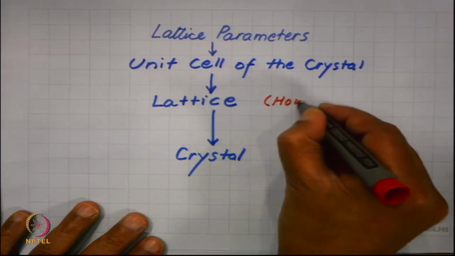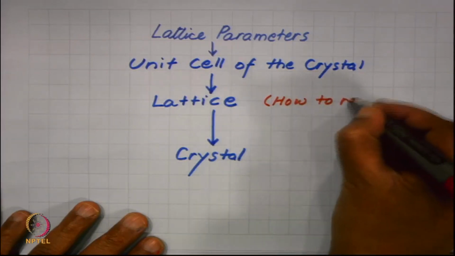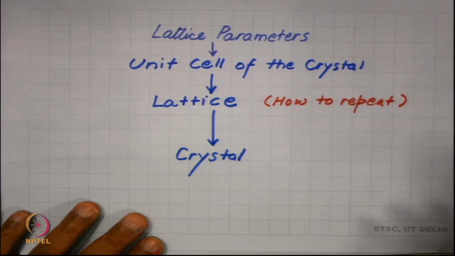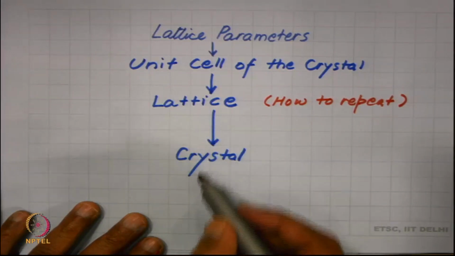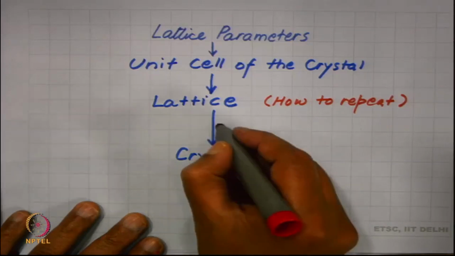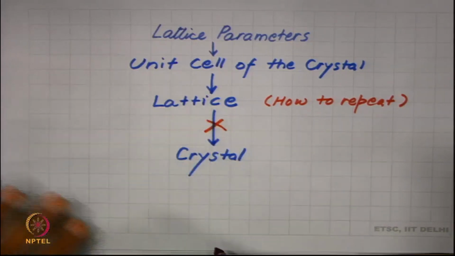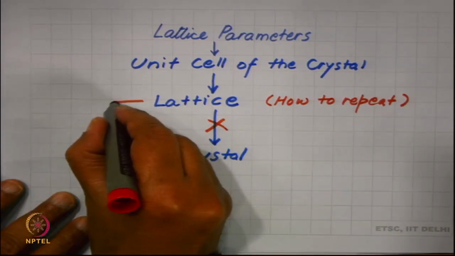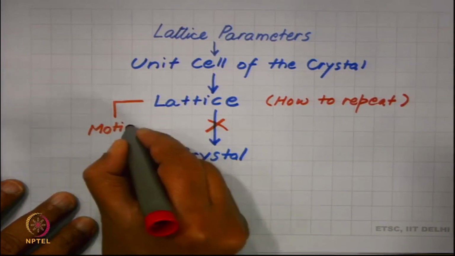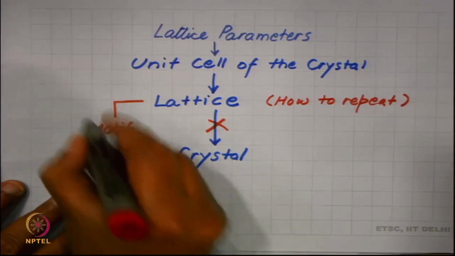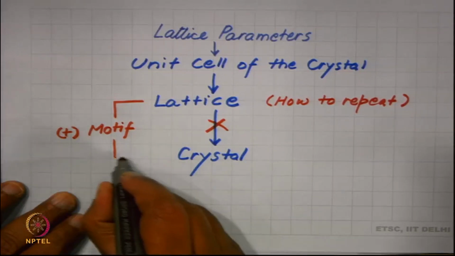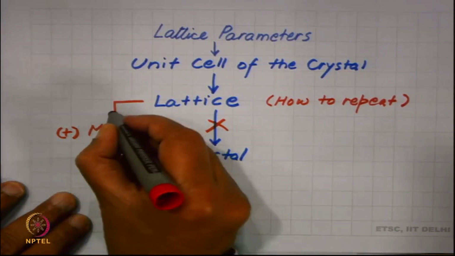It is not giving me what to repeat, and unless I know what is being repeated, that is, unless I know the motif, I do not know the crystal. So, this is not right. I need the information about the motif. If the motif information is given, then only I know about the crystal.